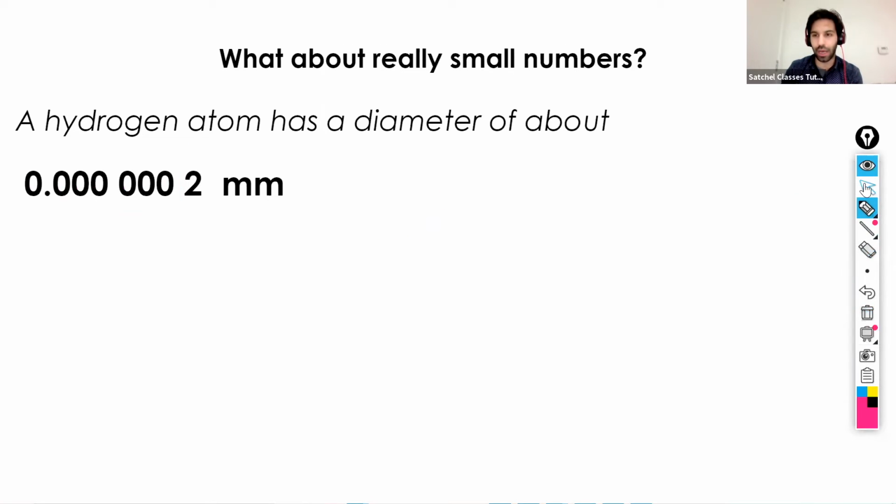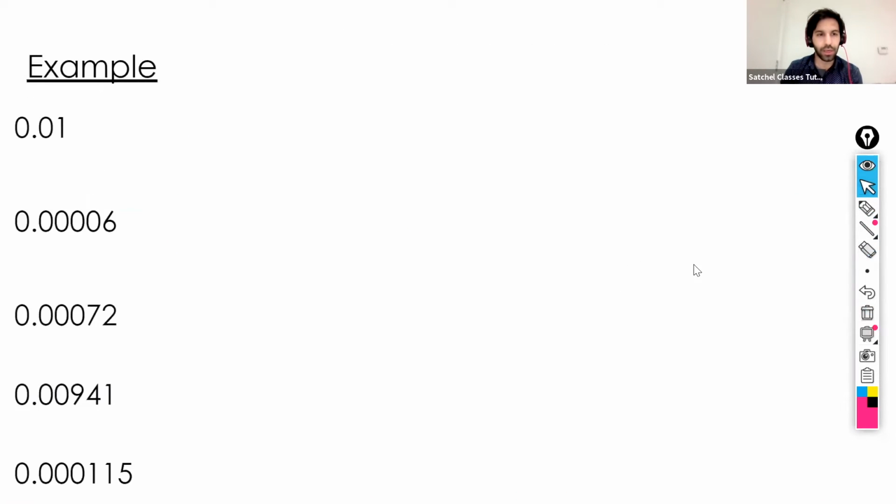All right, let's do some examples then. So we have 0.01. Again, this is not a number that would typically be written in standard form. However, just to have some practice, we have 1, I'm going to write my non-zero digit, times 10 to the power of, well, this is 0.0 something, so it's going to be a negative power, and we have 2 digits before the 1, so that's going to be 10 to the power of minus 2.